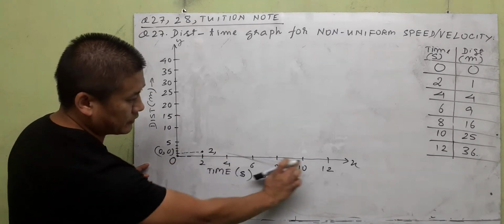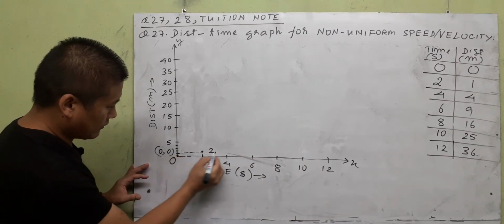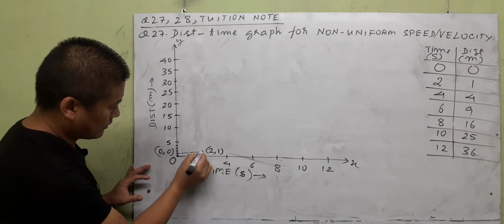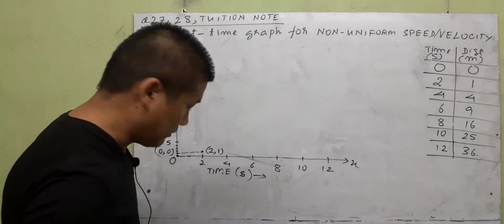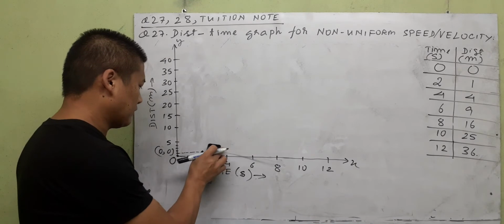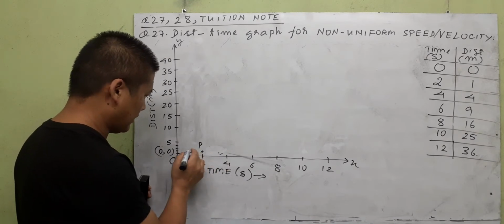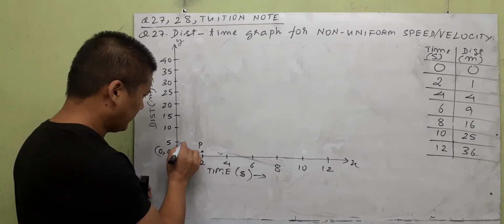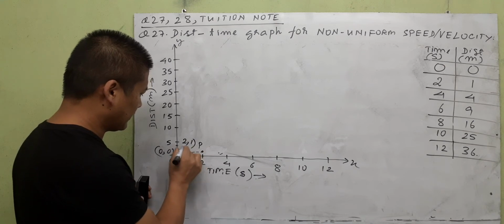We always write the x value first, the x-axis. After 2 seconds, it is covering 1 meter. So this is the second point. Let us mark this one as P: after 2 seconds, 1 meter.